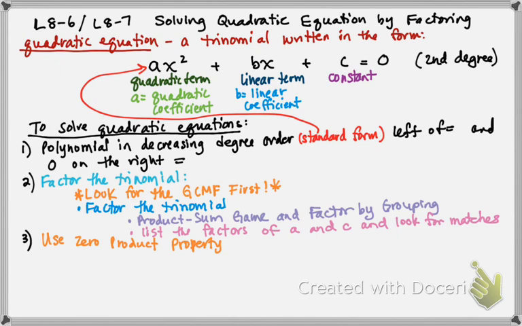So what we do is set each factor equal to 0 and solve. And I noticed on your homework that a lot of you are doing all that math in your head. Don't do that. Show me the steps. I'll be looking for it when we take a test on this, which won't be next week, but would be the week after.